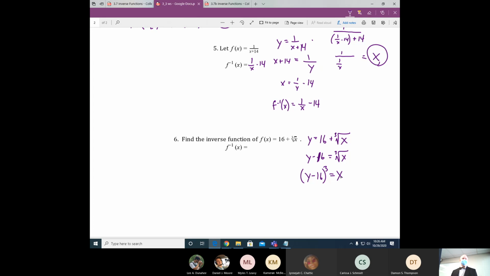Okay, so this means to get x back, I take my number and I subtract 16 from it and cube it. Well, to now define this as f inverse of some input that I decide to call x, just basically means in reverse x and y, say this is my input to my function.